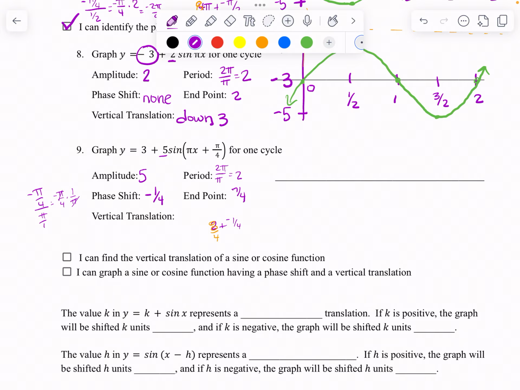Now, we have vertical translation. This one's positive, so we're going to say up 3. Okay, so this is 3. My amplitude's 5, so I'm going to add 5 to it, so I get 8. 3 minus 5 is -2. This is -1/4, positive 7/4. The denominators are the same, so -1 plus 7 is 6.